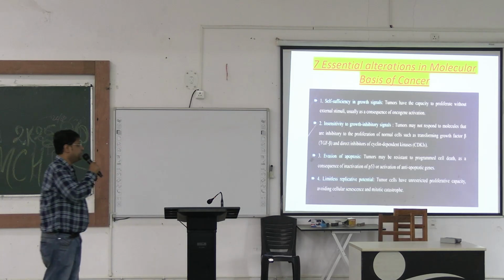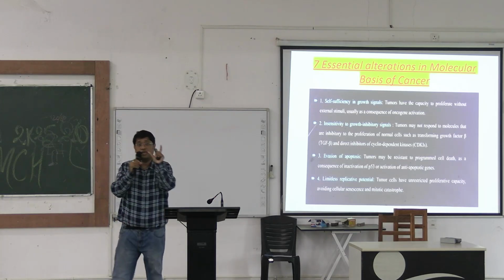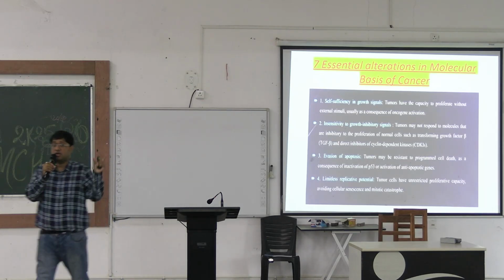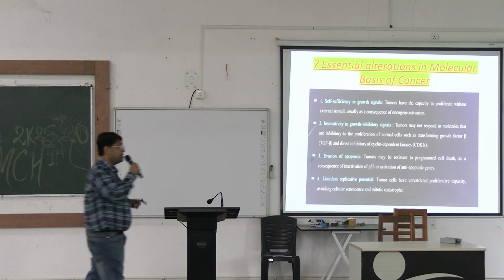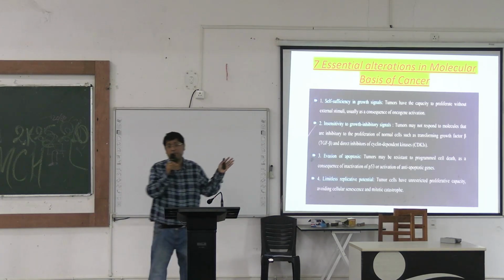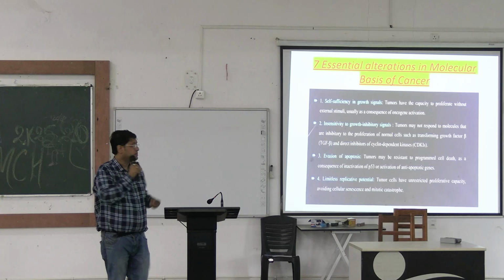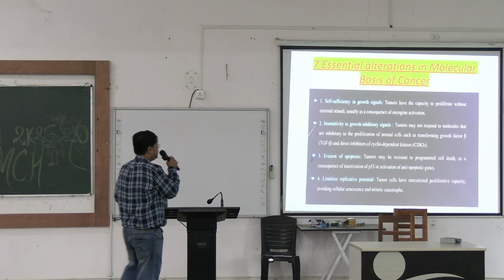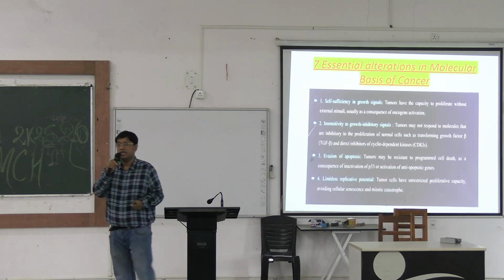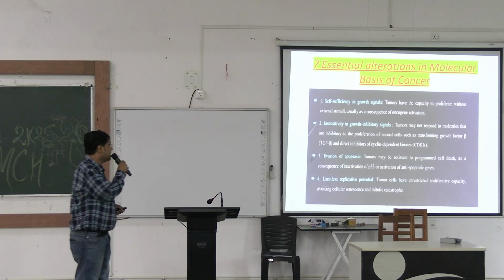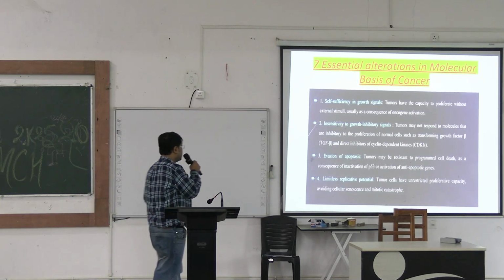Very important. This we will discuss later separately, and this will also come as a short note. P53 is also extremely important in MCQ sections. Inactivation of P53 leads to evasion of apoptosis.